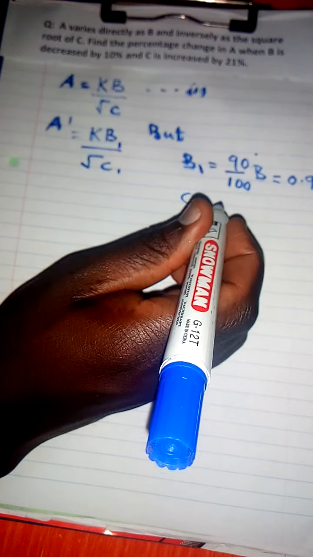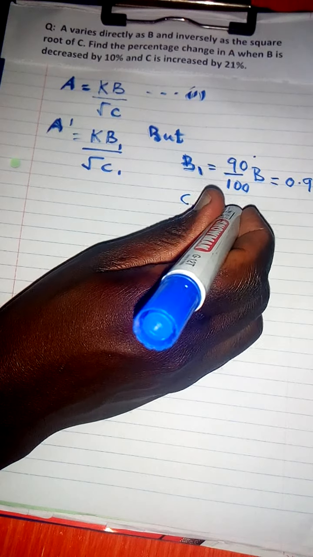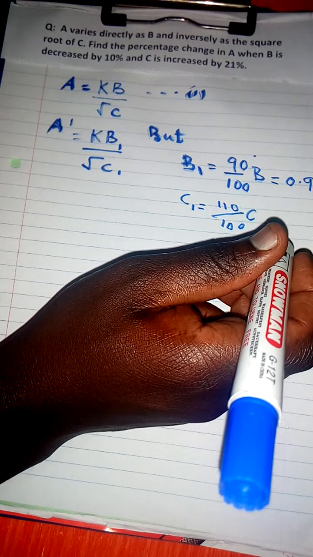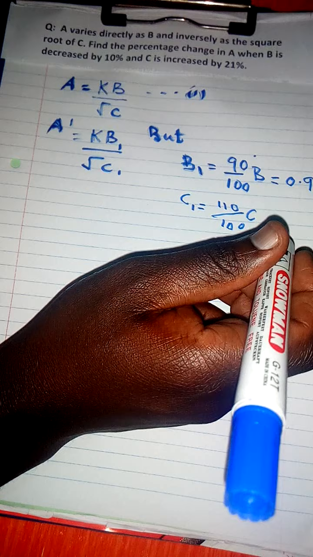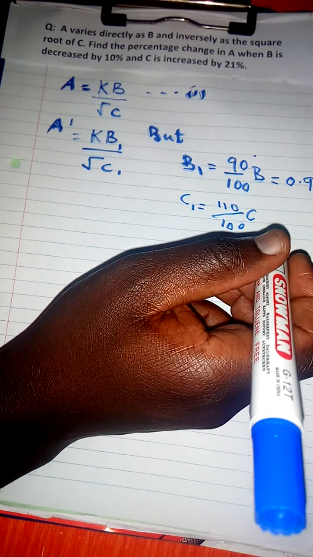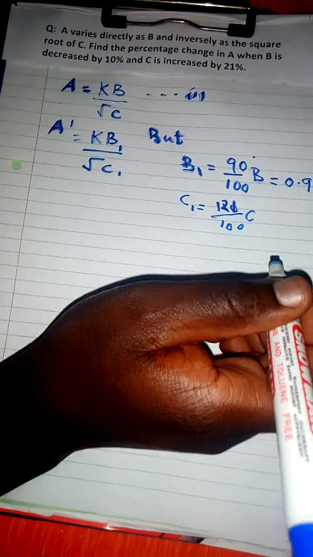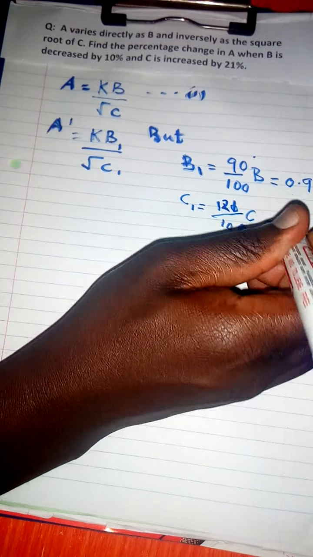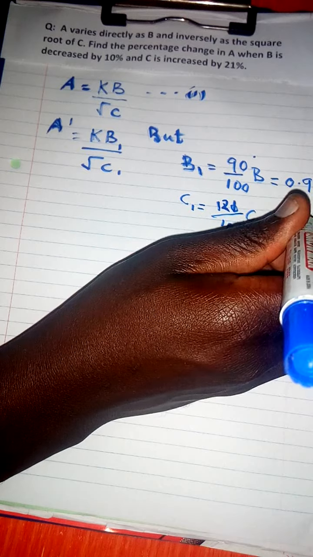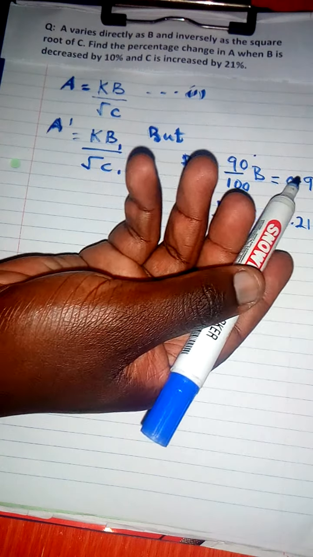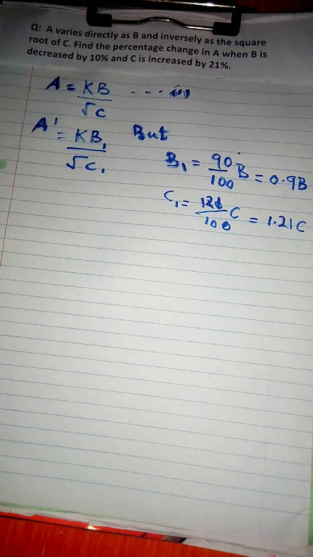C increased by 21%, so it will be 121 over 100 of C, which is 1.21 C. So these are the values we now have: 0.9 B and 1.21 C. Those are the values of B1 and C1.